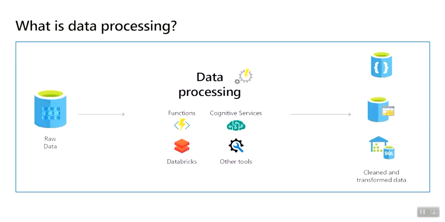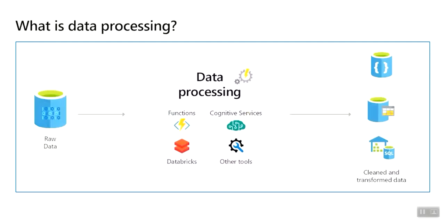So it might involve automating a lot of scripts. You might have to use tools like Azure Databricks, Azure Functions, Azure Cognitive Services to examine and reformat the data and generate those models. So a data analyst could then use machine learning to help determine future trends based on the models that have been created from the data.